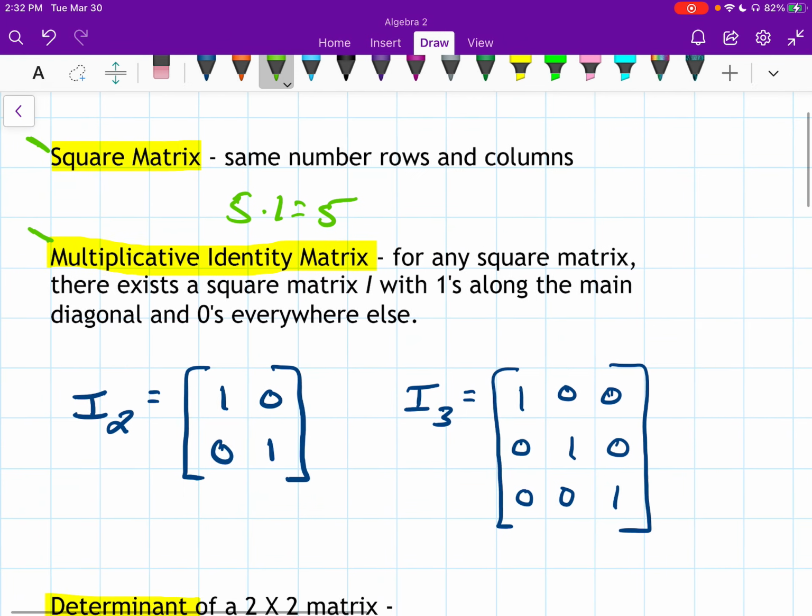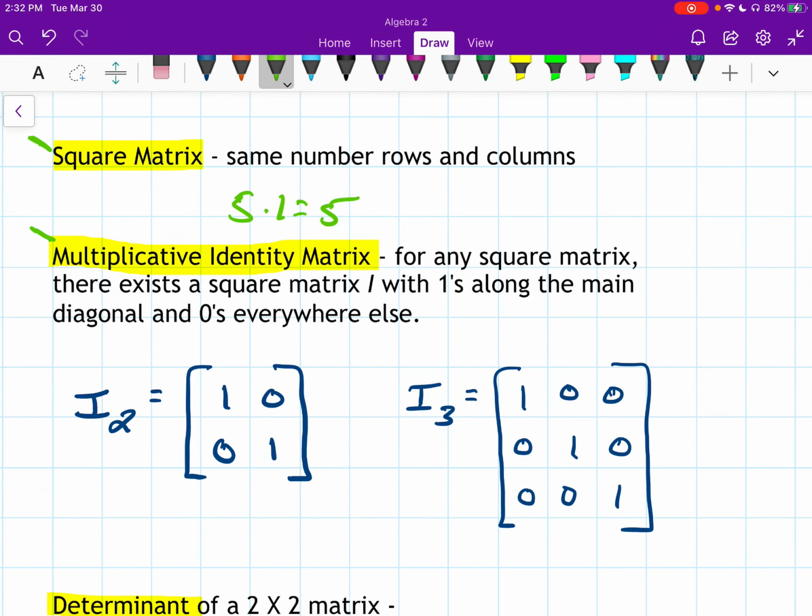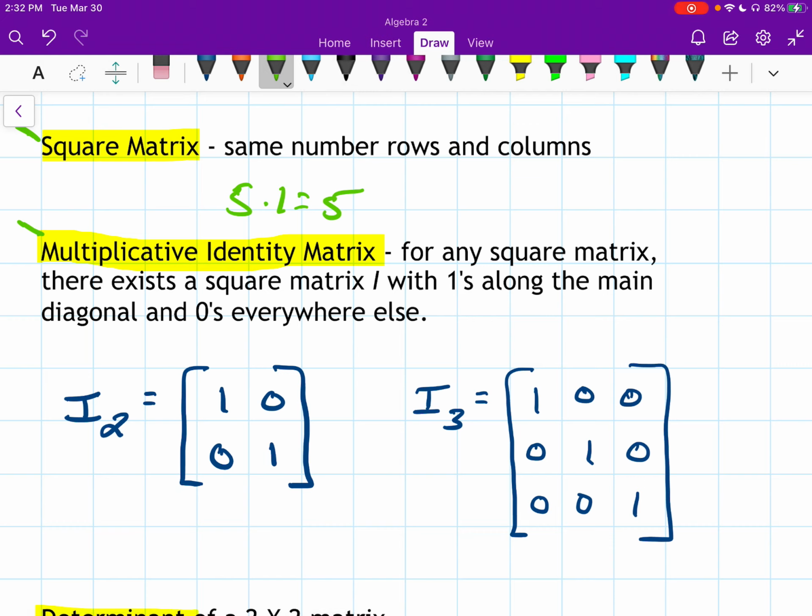So for any square matrix, there exists a square matrix I, and that's supposed to be kind of italicized like that, an I, with ones along the main diagonal and zeros everywhere else. Now there's the generic I, meaning the identity matrix, but if you're talking about the identity matrix with a specific dimension or size, you put a little subscript at the bottom.